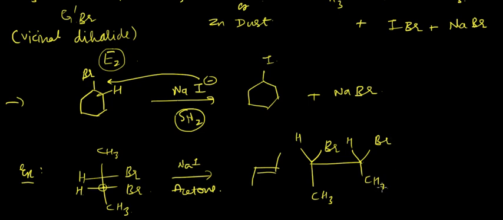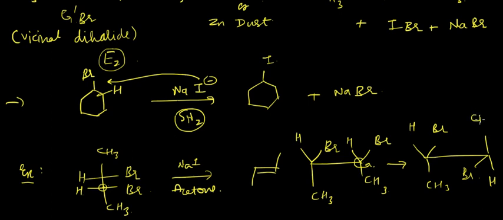So what will next happen is the rotation or conformer will form across this bond. We would get something like Br will be placed here, H would be placed here, and CH3 would be here.